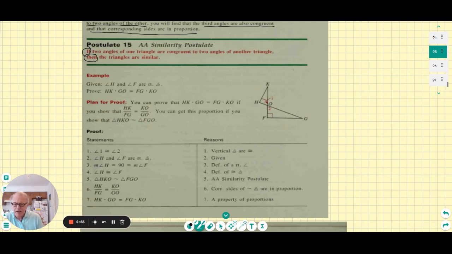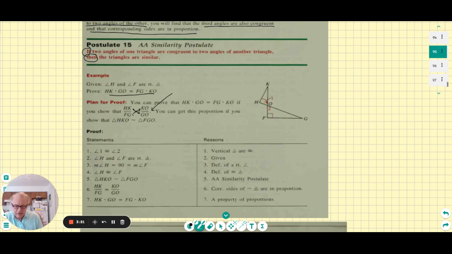If we can show that, then cross multiplying will end up proving this for us. So really all we have to do is show these two triangles similar, and they'll automatically have these sides in proportion. So we start off with our given.